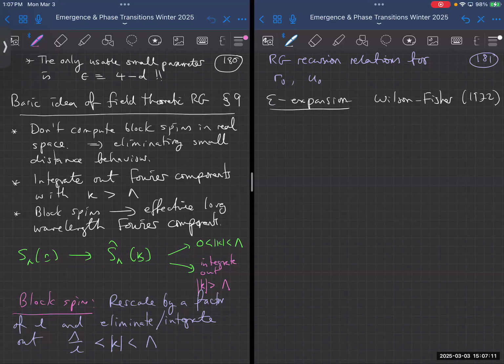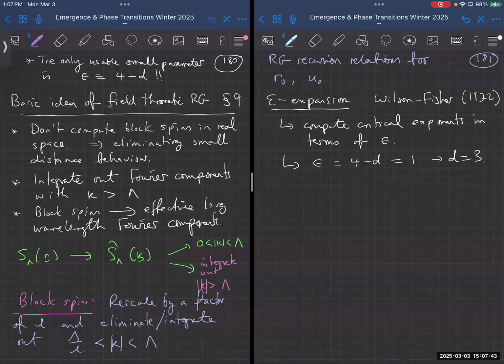So we're going to literally compute critical exponents in terms of epsilon. And then in real life, we live in 3 dimensions. So what you actually want is to set epsilon, which is 4 minus d, equal to 1. So that gives you the behavior for d equals 3.